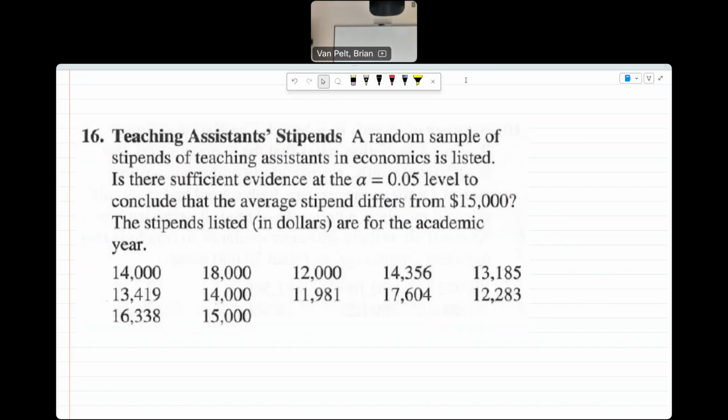Whenever they give you data like that, I guarantee they're not going to give you sigma. There's no uniform answer to that.